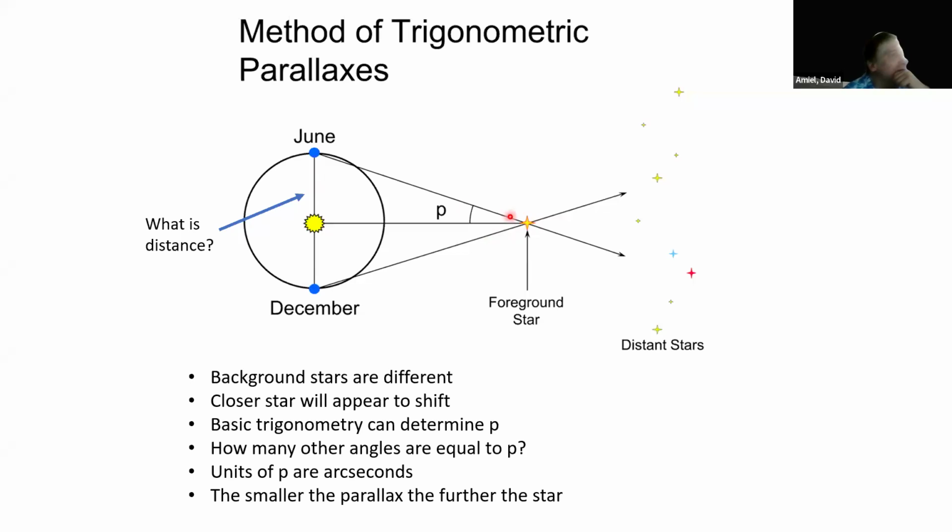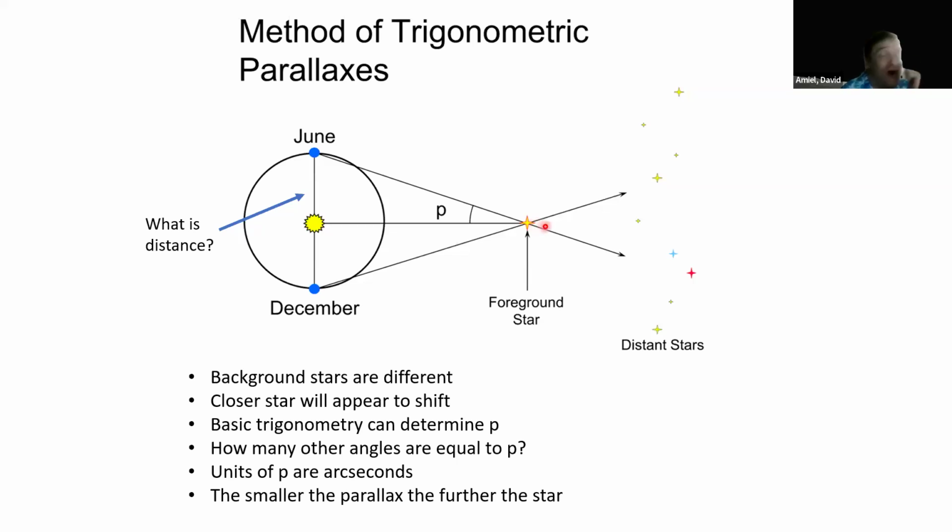Here, here, and here is one triangle. Inside that big triangle are two smaller triangles. One, a vertical line from June to the sun, and then from the sun to the closer star. Remember, the technique is designed to tell you the distance to the closer star.